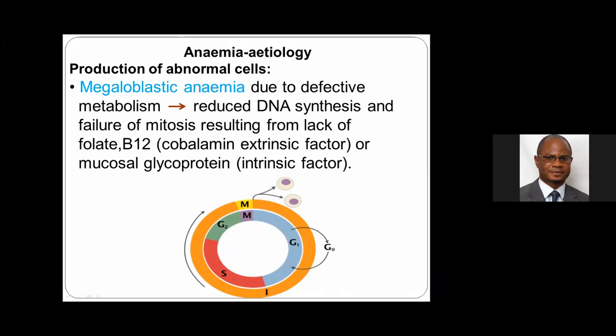When the cell is going through developmental stages, G0 is when they go into senescence, and they come out into circulation. We have G1, then the synthesis stage, G2, and then the mitotic stage or mitosis. Then the cell divides into two, and you have a normal red cell.